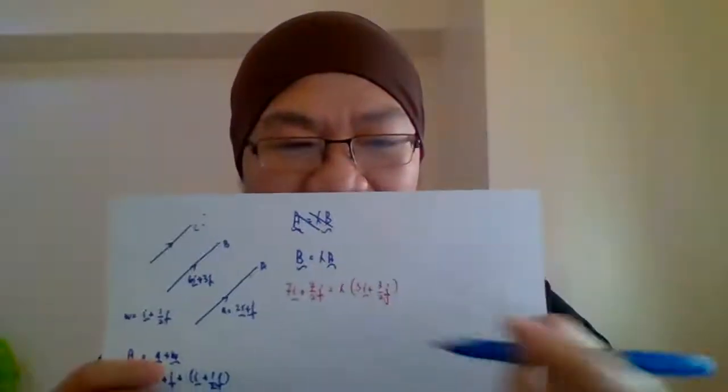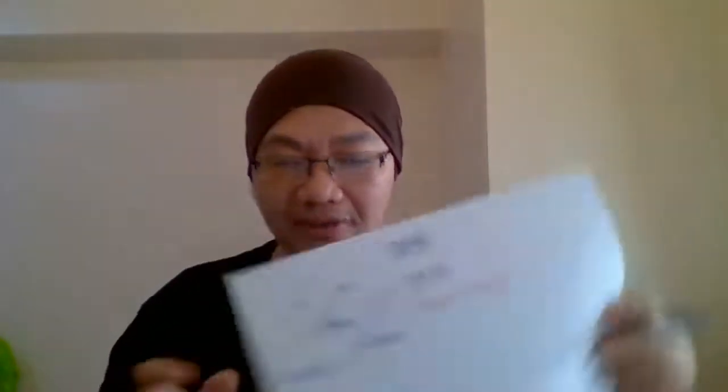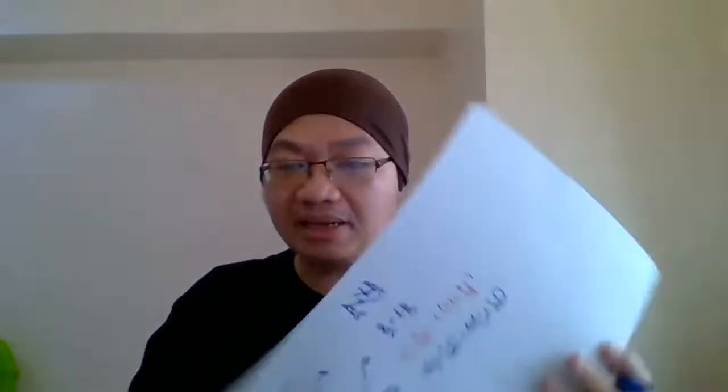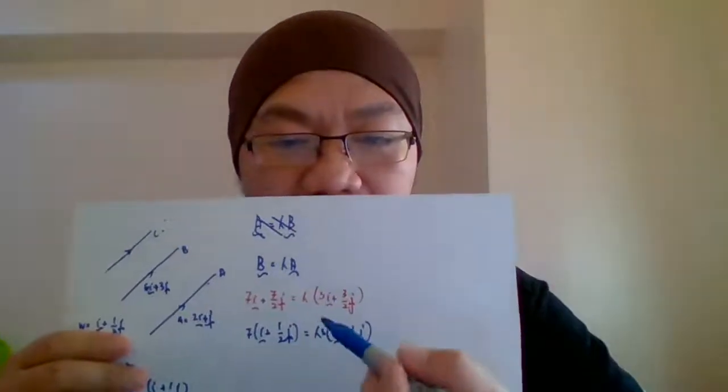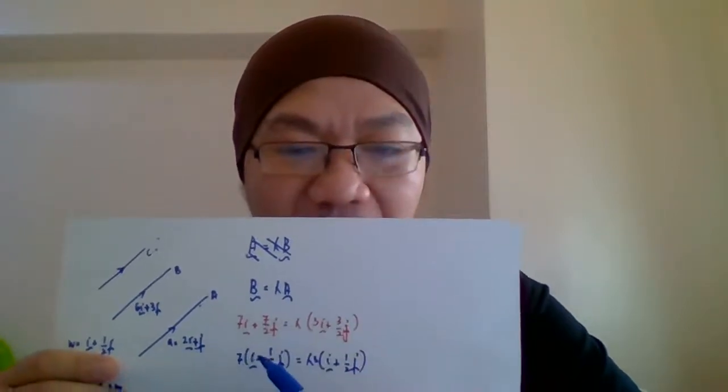Okay. So how do you find 7 over 3? Let's do the question. It is easy. How do we find the lambda? 7 and 7, 3 and 3, they are the same numbers, so we can factorize them. We take out 7, and 3 and 3.